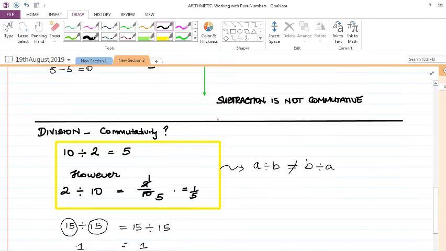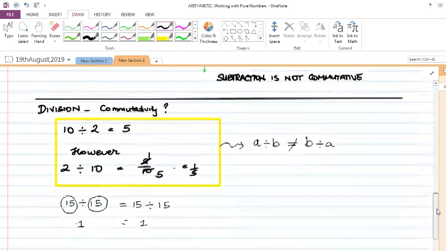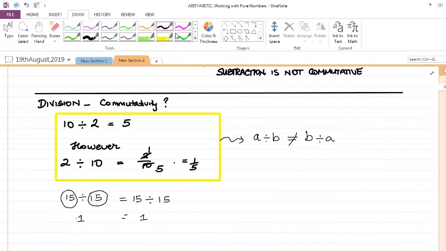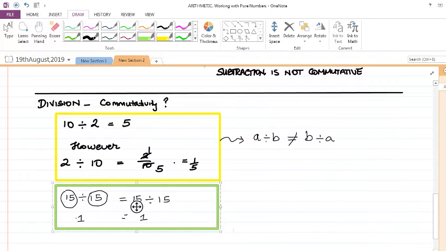That's true. So in this example here, what we see is A divided by B happens to be equal to B divided by A. So it happens only because the two numbers are the same.